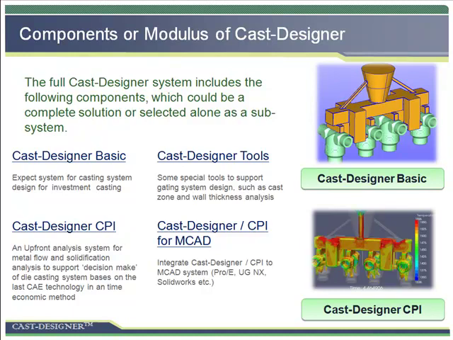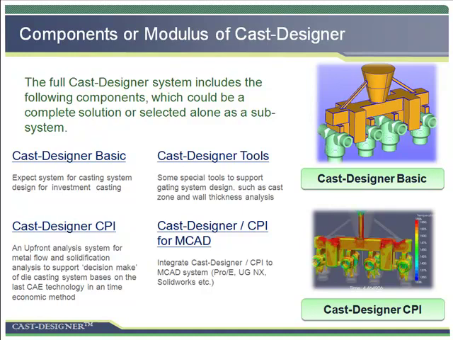The full Cast-Designer system includes several modules, which can be a complete solution, or selected alone as a subsystem. The major modules include, the first one, Cast-Designer Basic, which is an expert system for riser and gating system design.